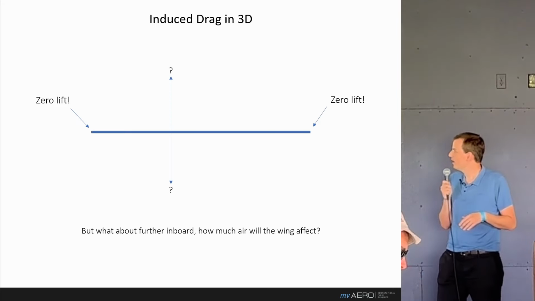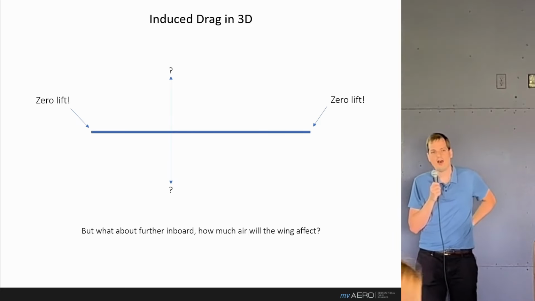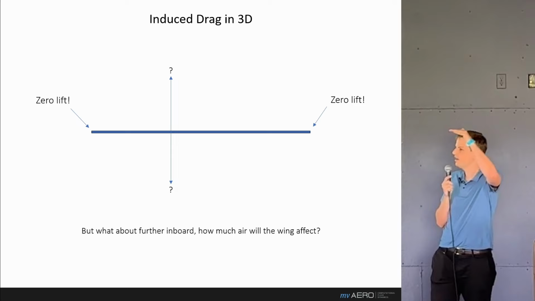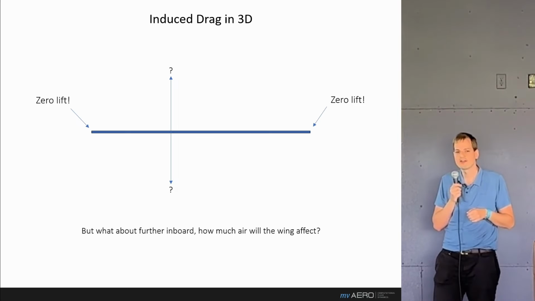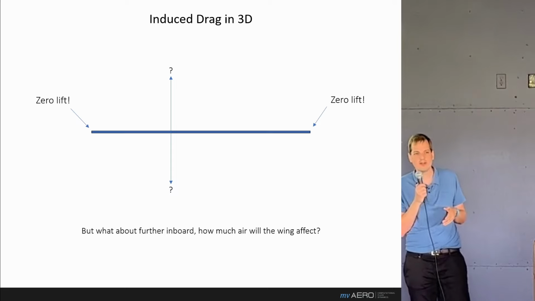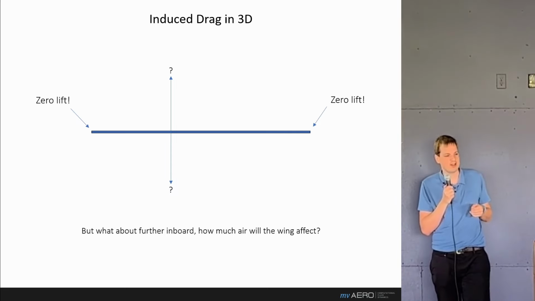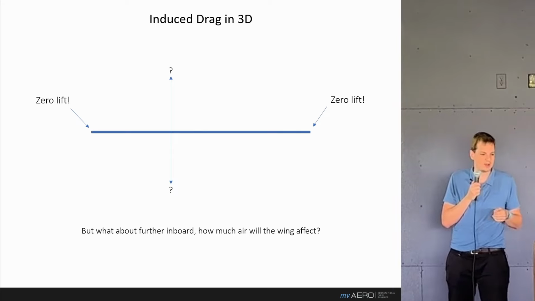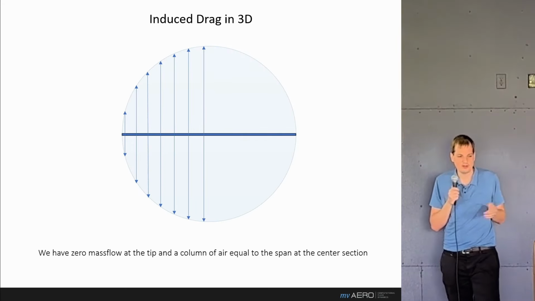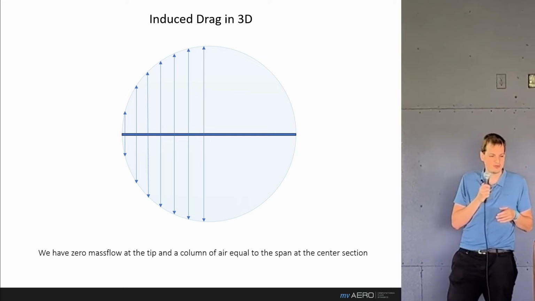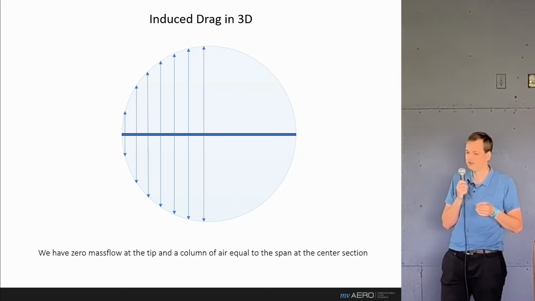But a little further inboard, we can ask ourselves the question, how much air, what is the height of column of air that this section of the wing will affect? Will we say maybe 10 feet, maybe 100 feet, maybe even the entirety of the atmosphere, 62 miles? Well, as it turns out, the following is both a very accurate and also a very insightful approximation.